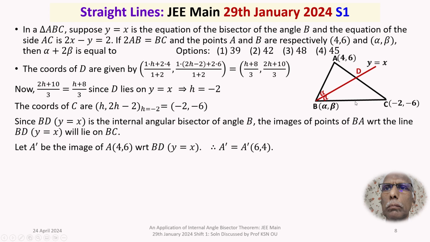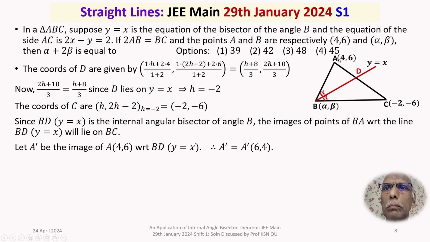It will be some A prime that lies on BC whose coordinates are 6, 4. How 6, 4? Because the image of 4, 6 in y is equal to x has its x and y coordinates interchanged.